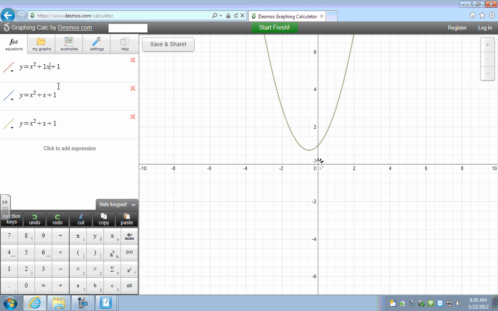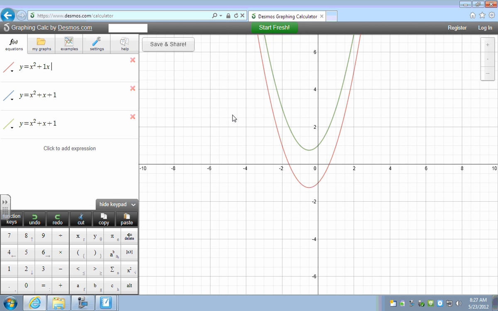Now this c value of 1, you'll notice that this graph's y-intercept intersects at 1. And if we change that to -1, let's watch what happens. You can see that it now crosses at -1.